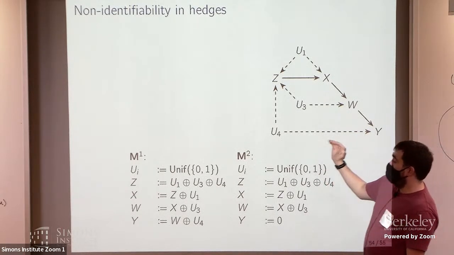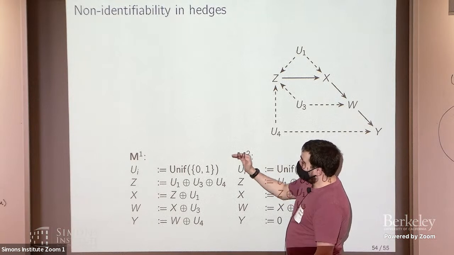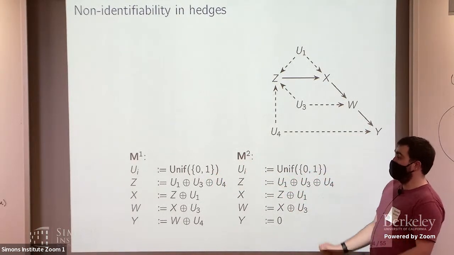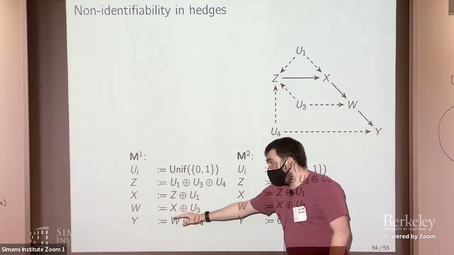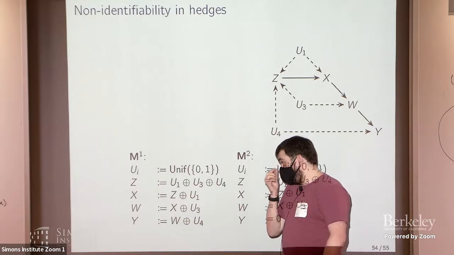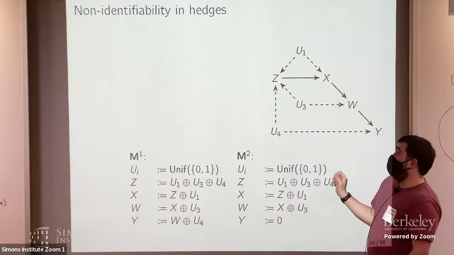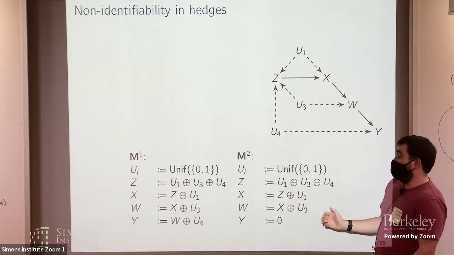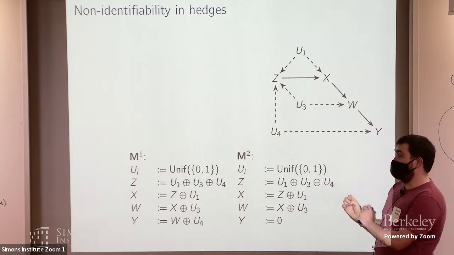So for the first time, the U variables, each of them are set uniformly either to 0 or 1. And then every other variable in model 1 at least is set to be the parity of all of its parents. By the parity, I mean the sum mod 2.